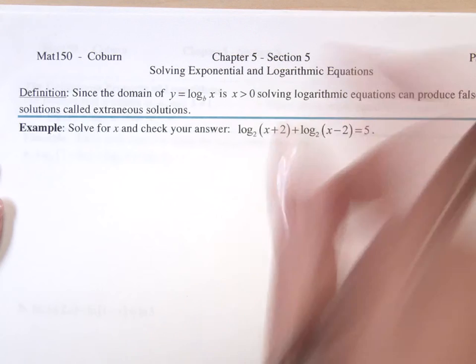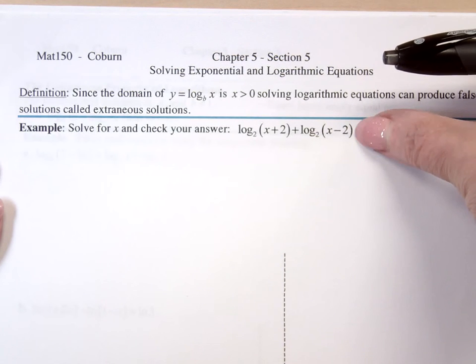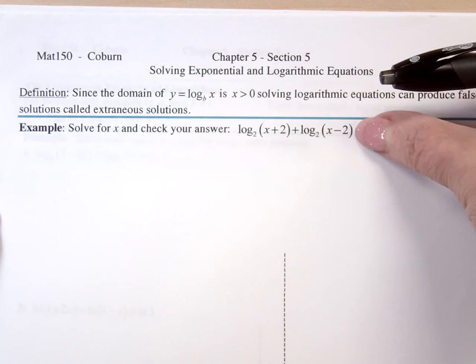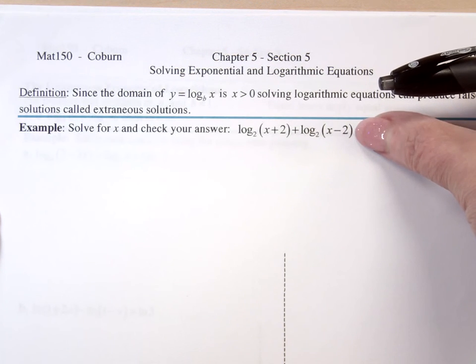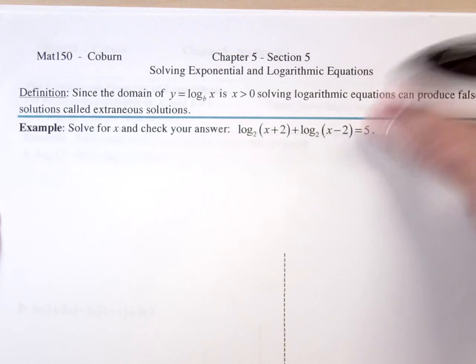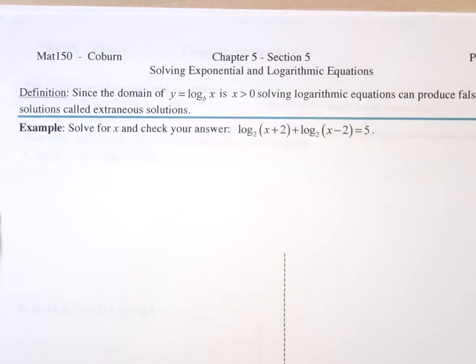So if I take a look, in order to do a single logarithm, this would be a sum, and a sum turns into a what? You look at your properties of logs sheet. A sum turns into a product. So I have an addition that turns into a product.